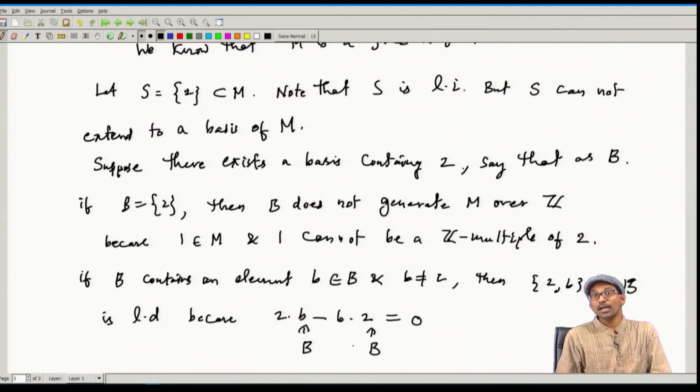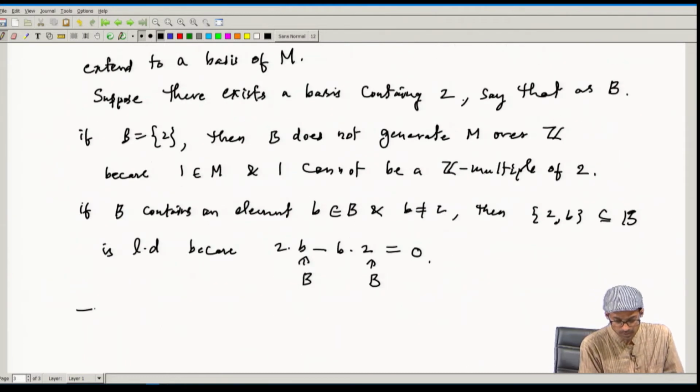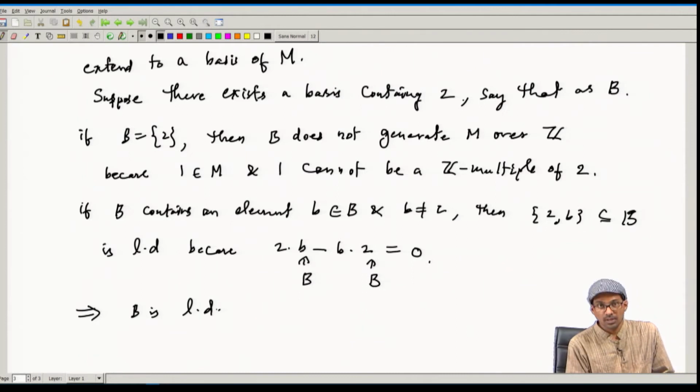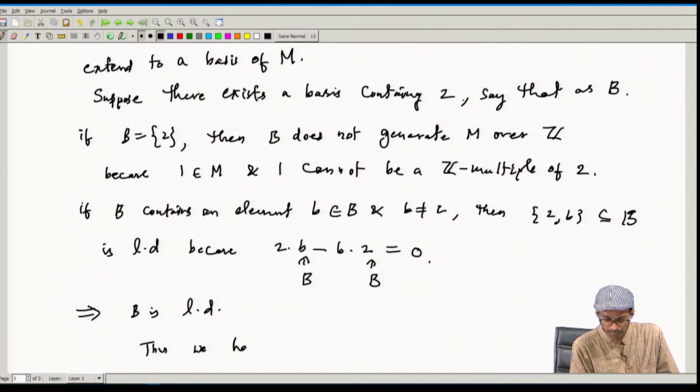So, therefore, if we write like this, and Z is a commutative ring, we will get a non-trivial combination which forces that {2, b} is linearly dependent. This implies that B is linearly dependent. Thus, we have a contradiction, right?